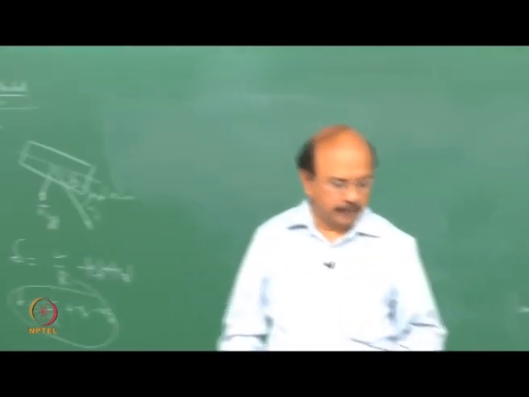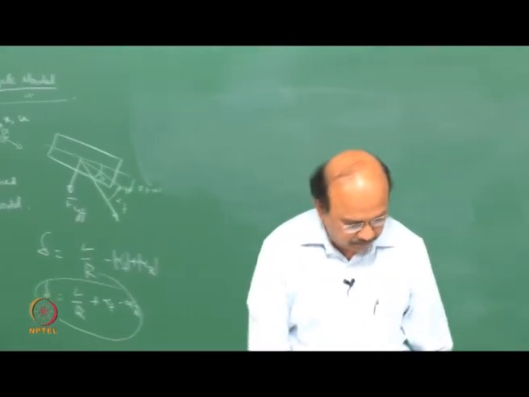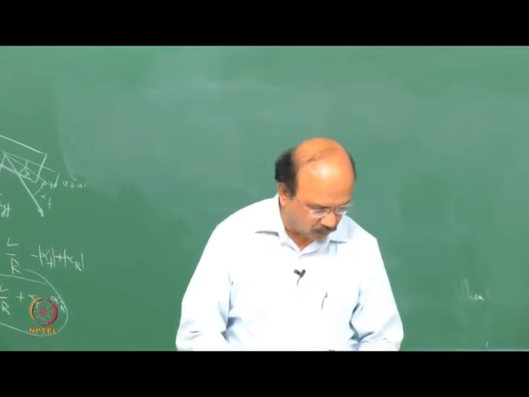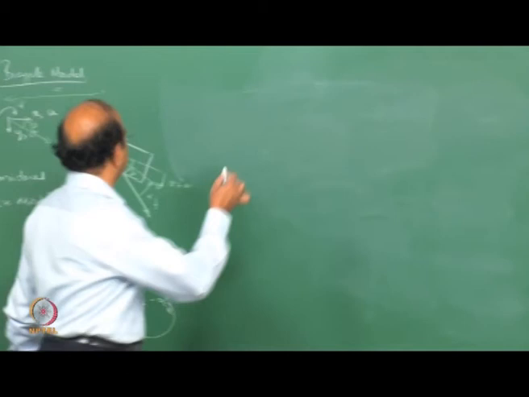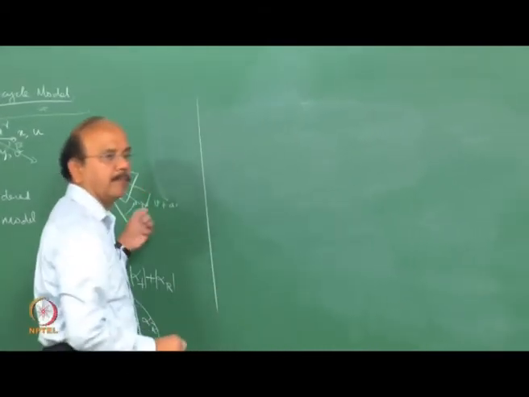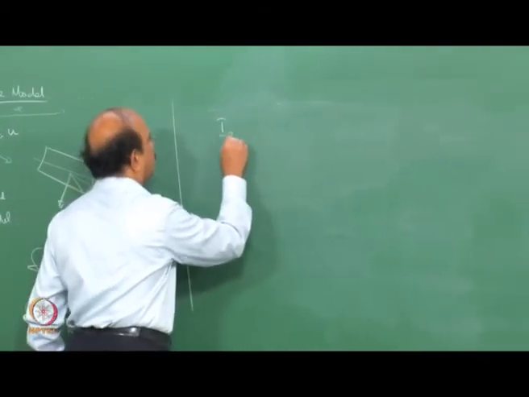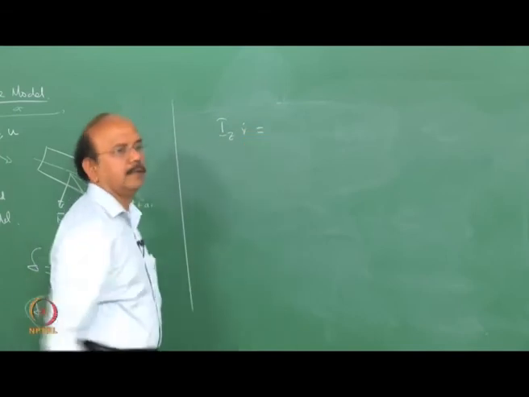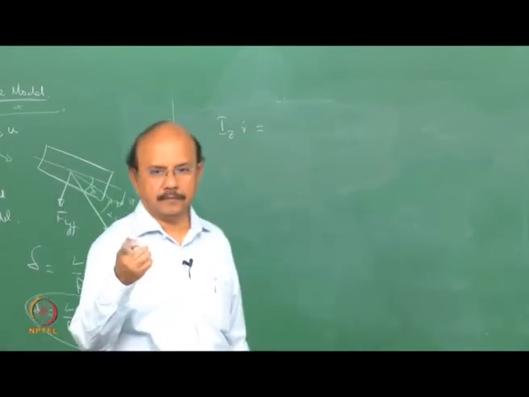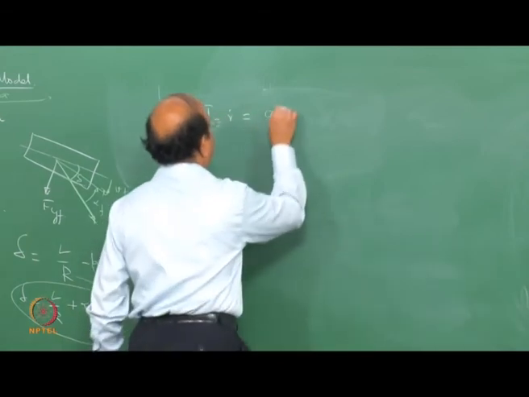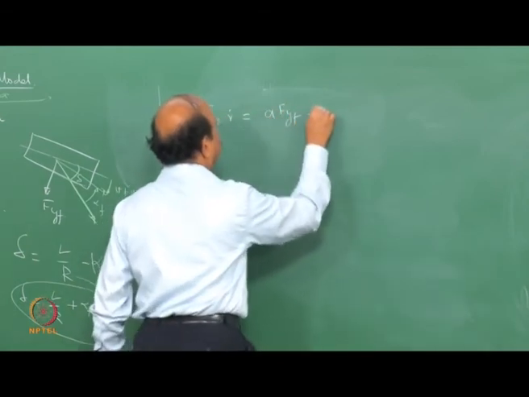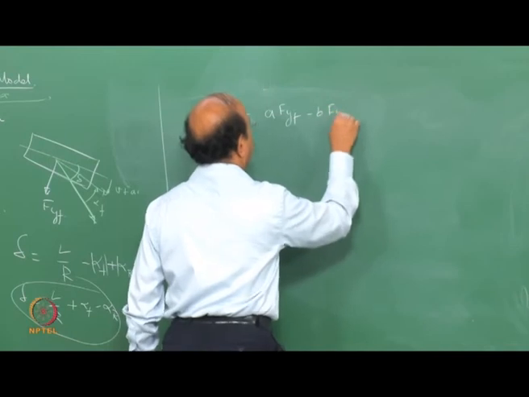Remember that in the very first class, we called them 1 and 2. Iz r dot, what was the expression we wrote for this? That's the first thing you wrote: a into fyf minus b fyr.